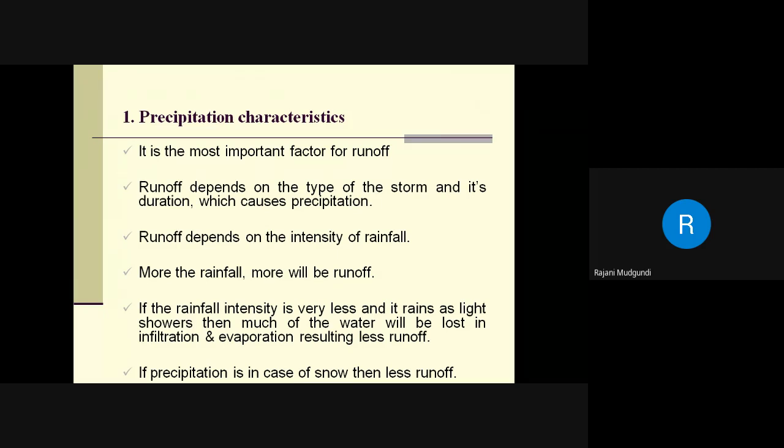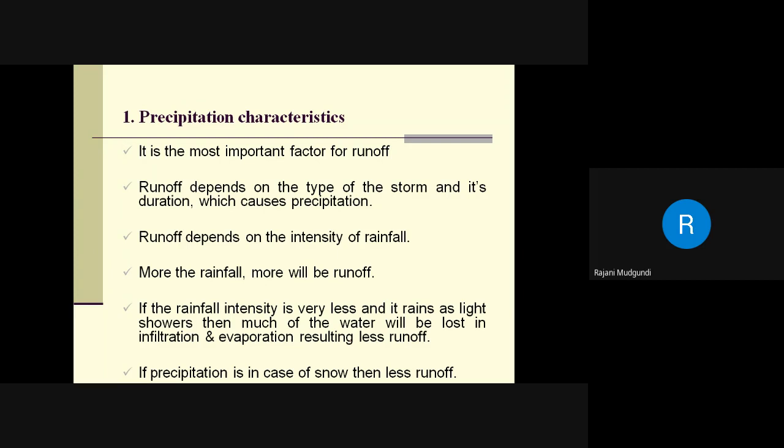Runoff depends on the type of storm, whether it is orographic, cyclonic, or which type of precipitation is occurring, and its duration, for how much time it is falling, whether small duration or long duration precipitation is occurring. Runoff depends on the intensity of rainfall, whether light showers or high intensity storms are falling.